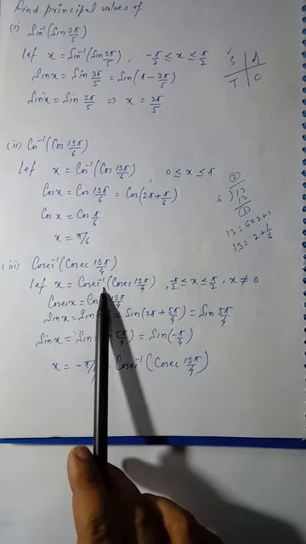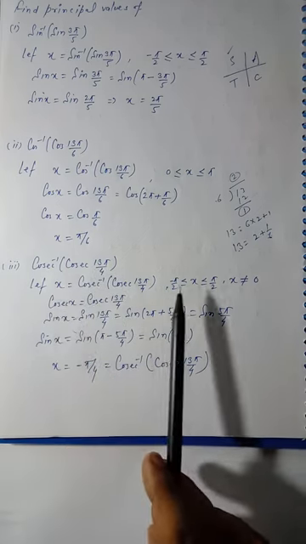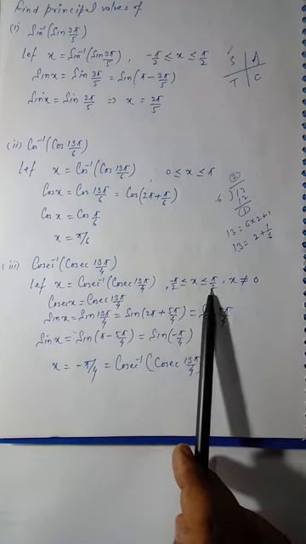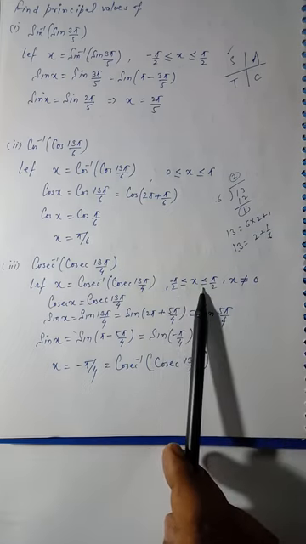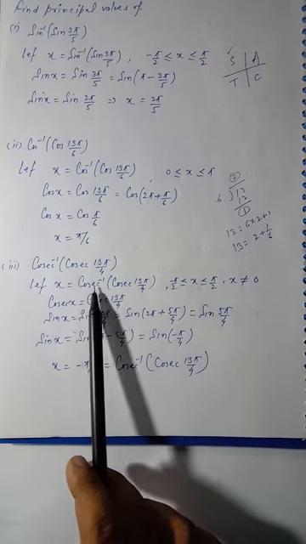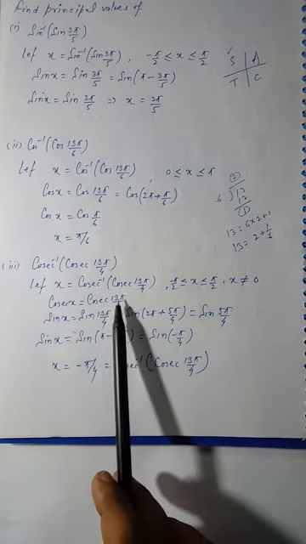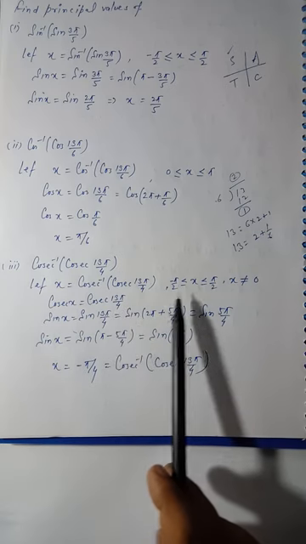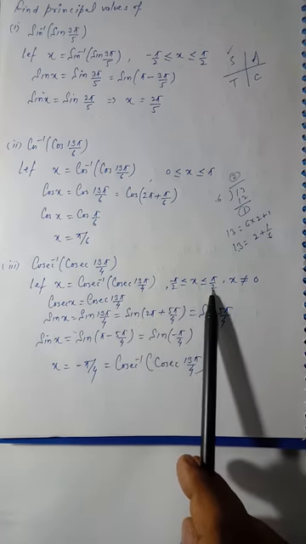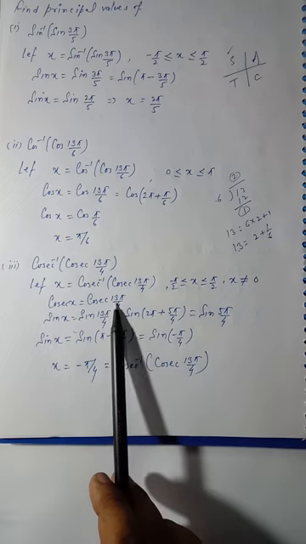Assume it is x, and the value of x must be between minus pi by 2 to plus pi by 2, but it should not be 0 according to the range of the cosec function. So cosec x is equal to cosec 13 pi by 4, but this 13 pi by 4 is actually out of minus pi by 2 to plus pi by 2. So I am using the same concept.